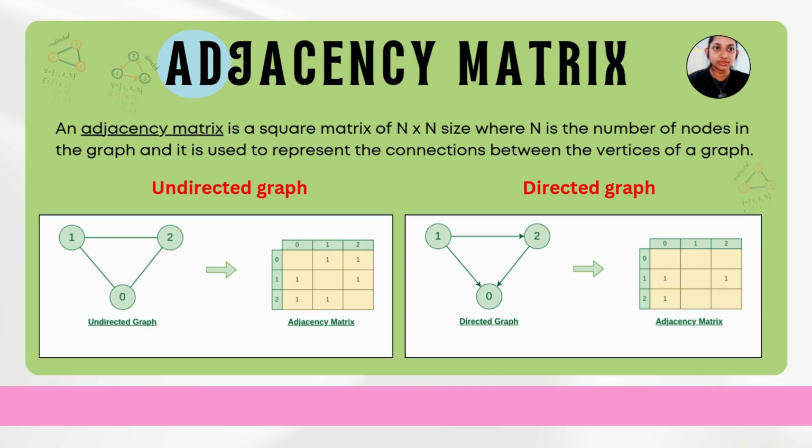This matrix is used to represent the connections between the vertices of a graph. If there is a connection between two vertices, the matrix stores a value to show the connection. An adjacency matrix can be used for both undirected and directed graphs. In the next slide, we will clearly explain undirected and directed graphs, and how the adjacency matrix works for each type.